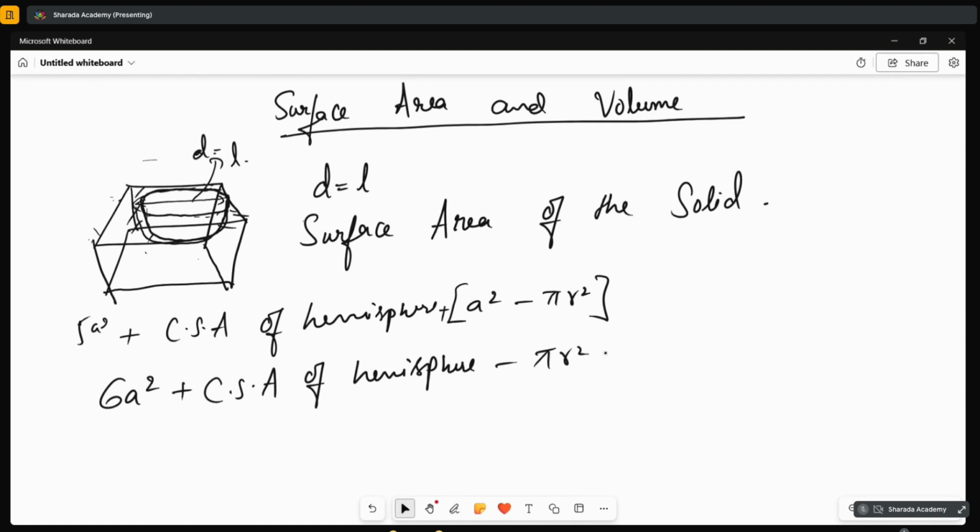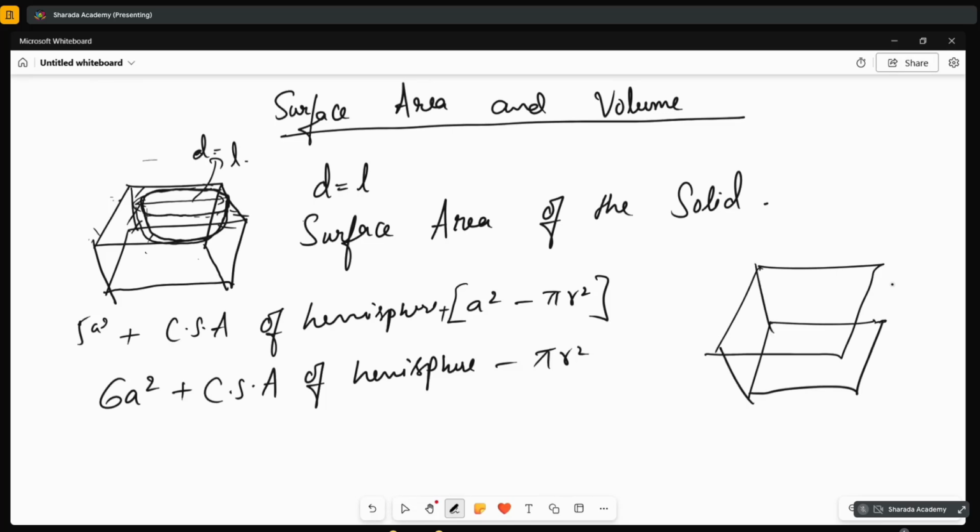Again, I will repeat. In any area calculation, think of painting that solid. In this cube, what all can you paint? In the solid, see, this circle is there, and I have scooped this portion out of the solid. So what will you paint? All the 5 faces, plus this inner portion.